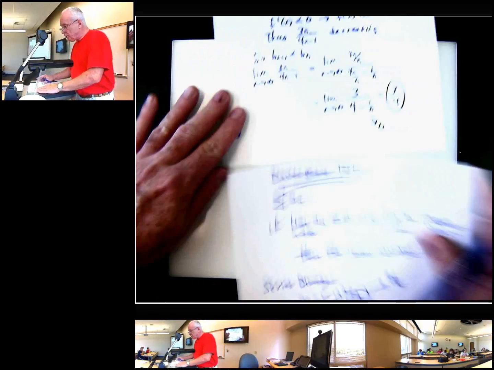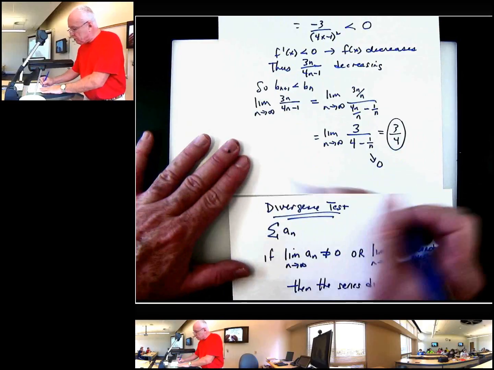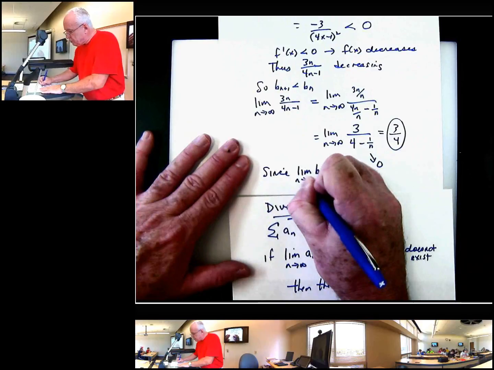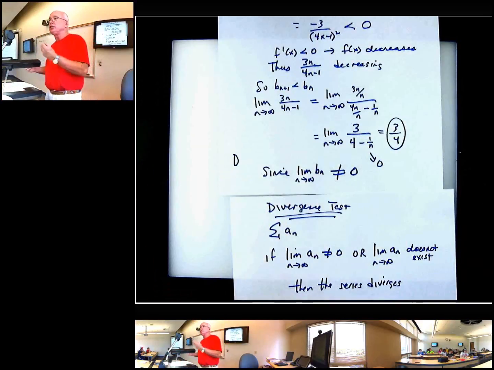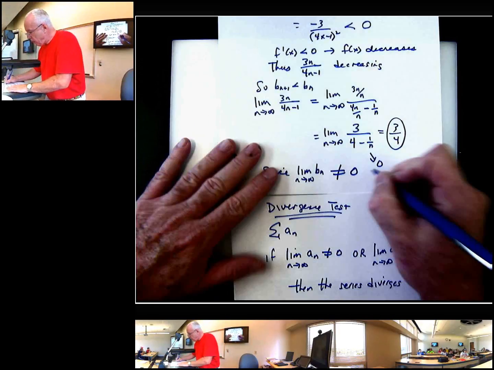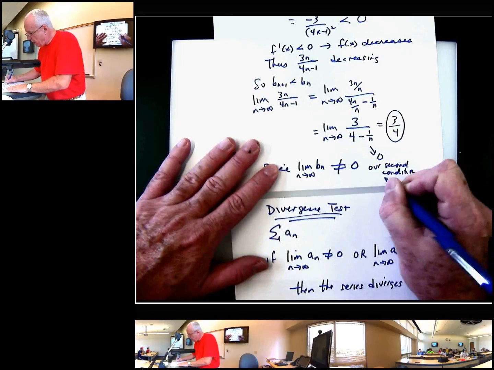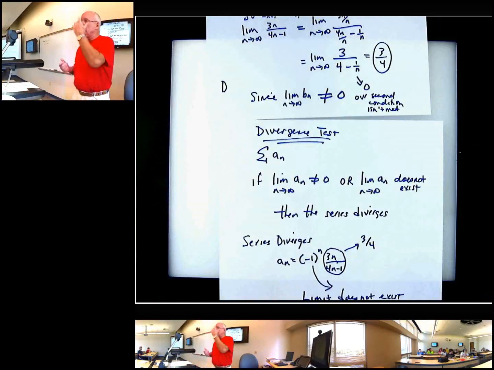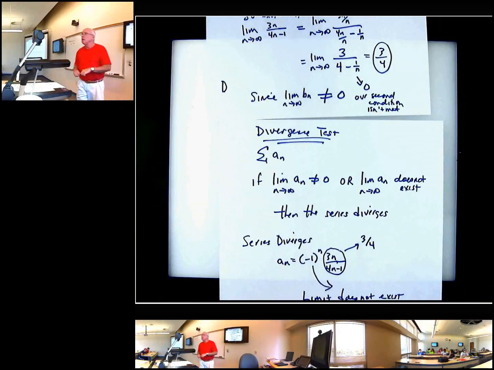And back to the alternating series test, since the limit of our b sub n terms is 3/4 and does not equal 0, our second condition isn't met. But in addition, we know that it has to diverge because of the divergence test.